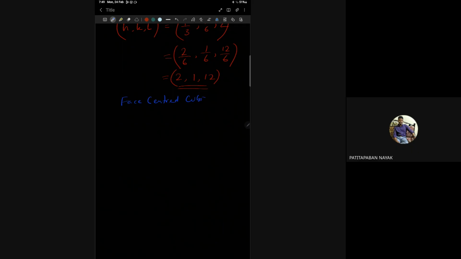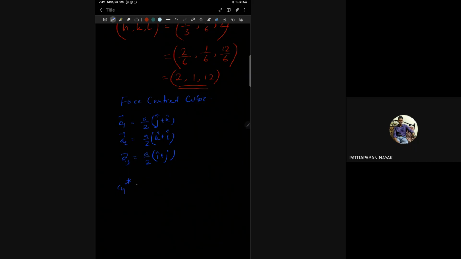Then my A1 will be equal to A by 2 J cap plus K cap. A2 will be equal to A by 2 K cap plus I cap. And A3 will be equal to A by 2 I cap plus J cap.